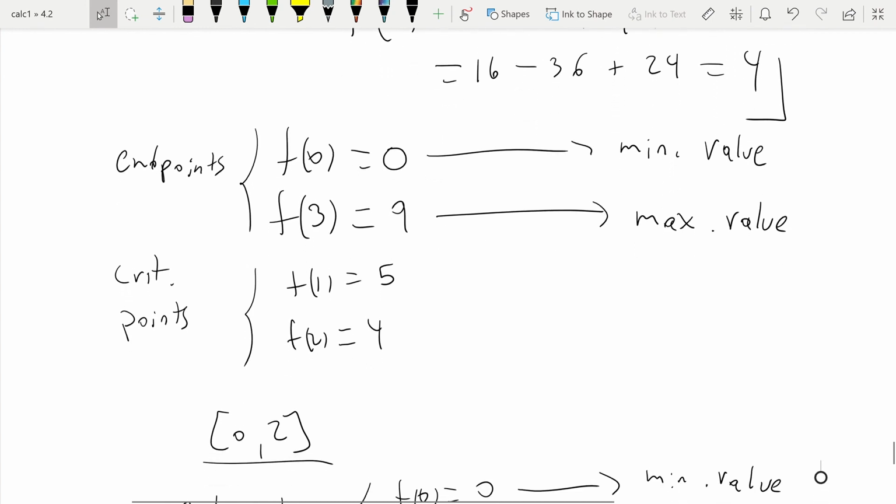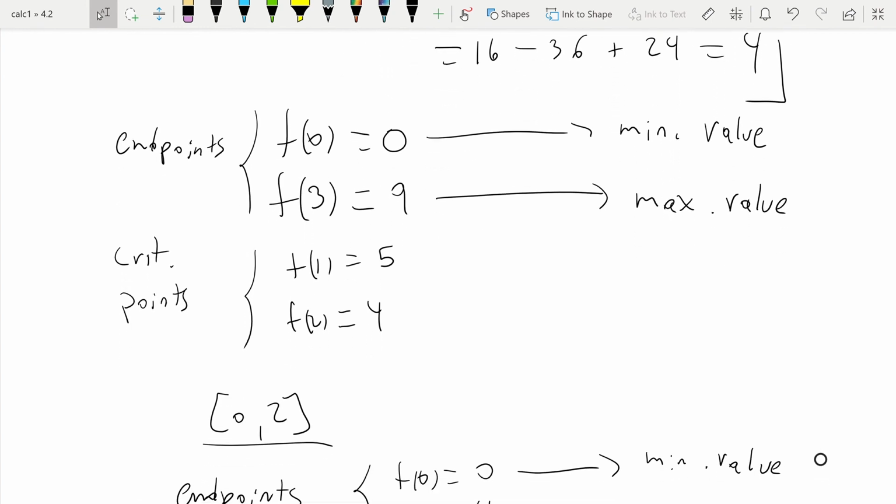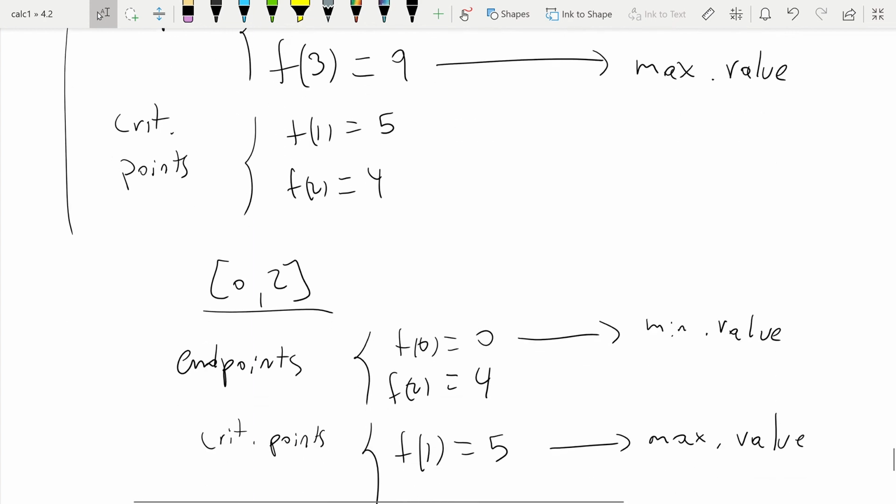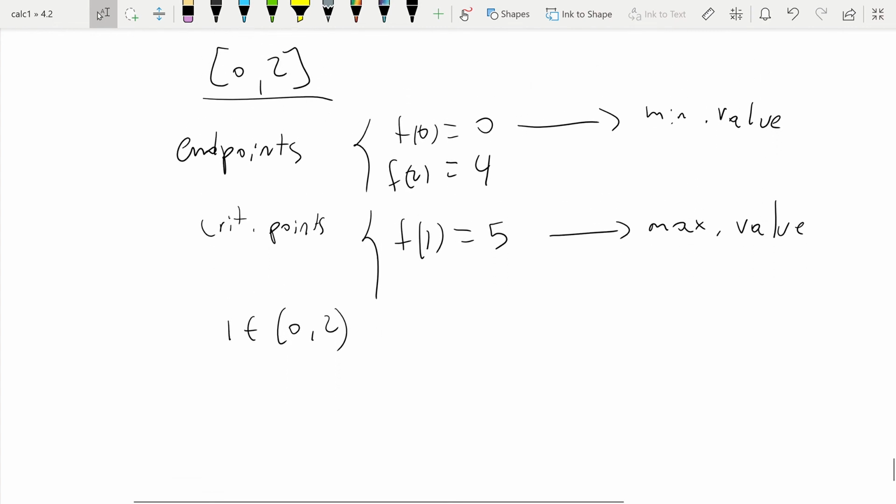Put all those values in a list like this one over here, and then see which one gives you the largest value and which one gives you the smallest one.